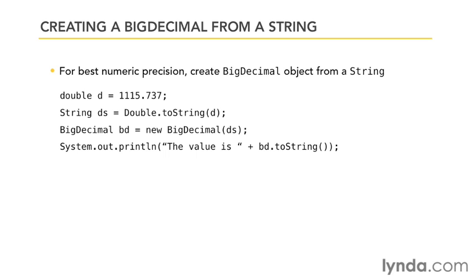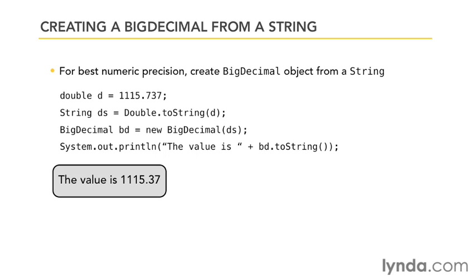This guarantees that any additional decimal values are truncated, and you're only working with the value you want. So the second line of code uses the Double class's toString method and converts to a value called ds, data typed as a String. Now I construct the instance of BigDecimal based on the string, and then output the value, and now I get what I expect. We'll talk more about the BigDecimal class in a later video in the series.